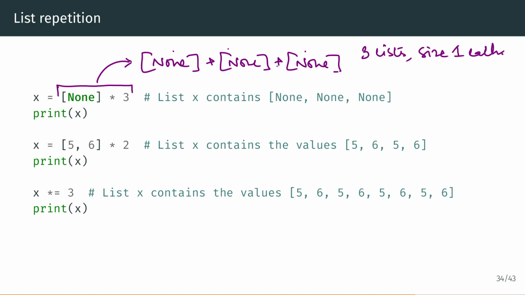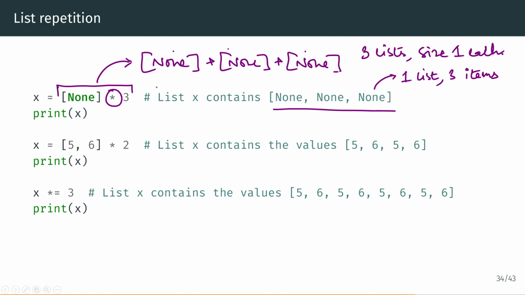When we append these 3 lists, we get a single list with 3 elements: one list containing 3 items. That's what happens underneath when we declare an empty list of size whatever. It uses list repetition, and the star is the repetition operator.